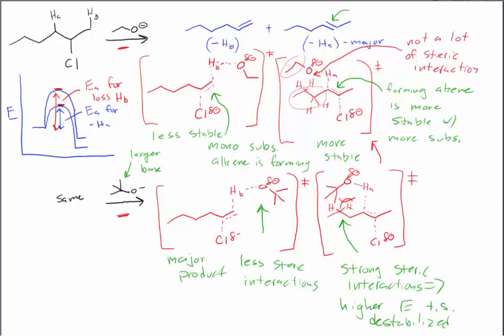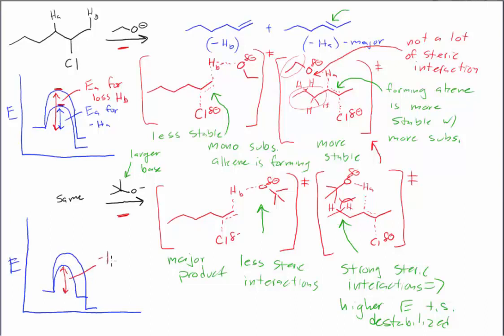And we can look at an energy level diagram again, this time using the larger, bulkier base. And we're going to get two pathways again. I'll try to use two different colors in this case as well.